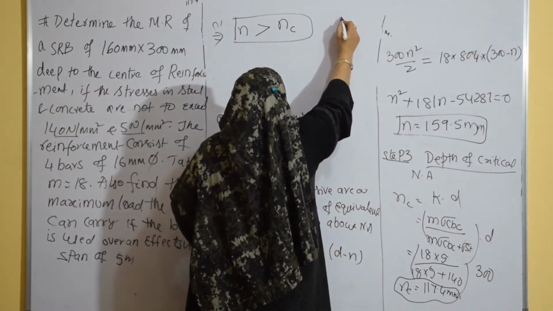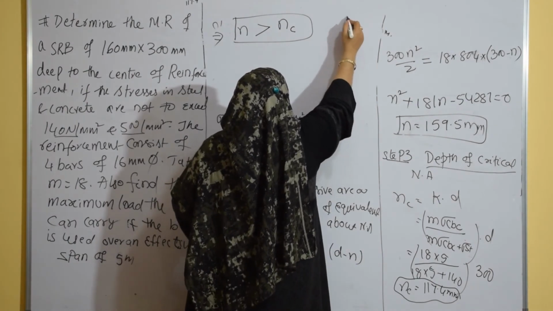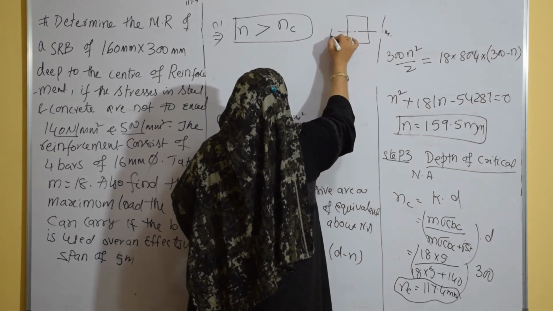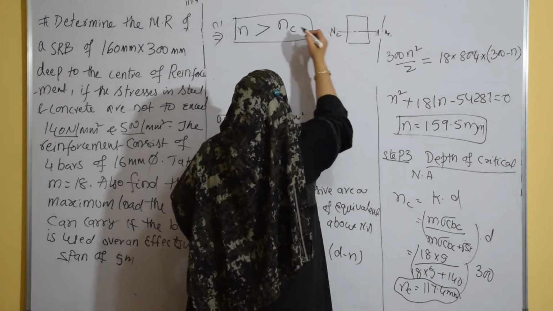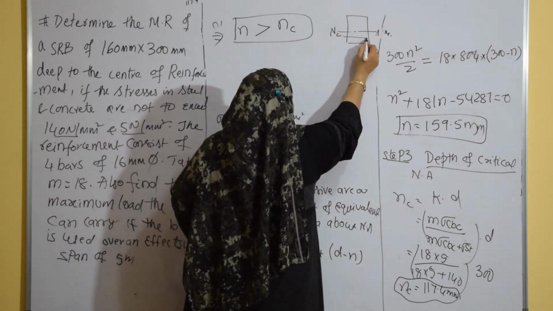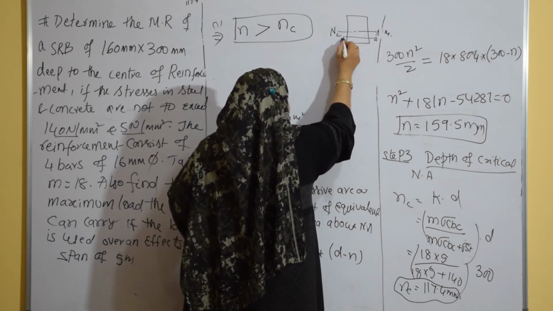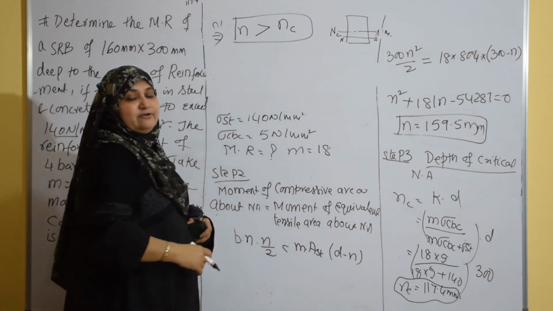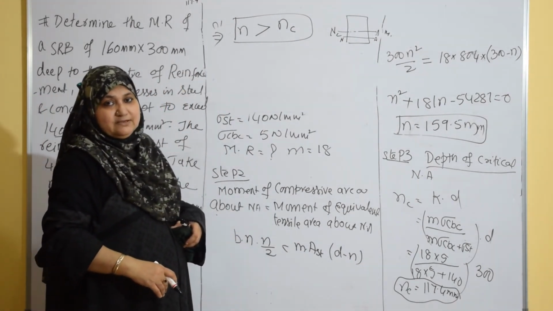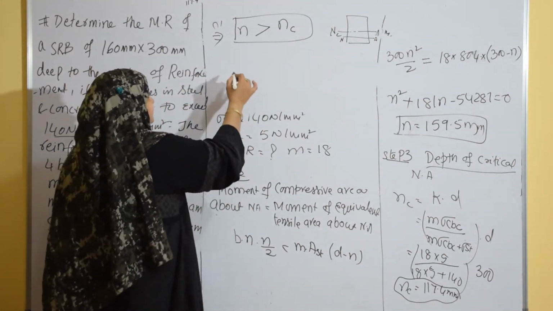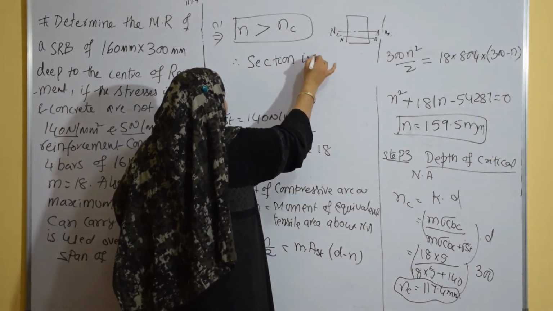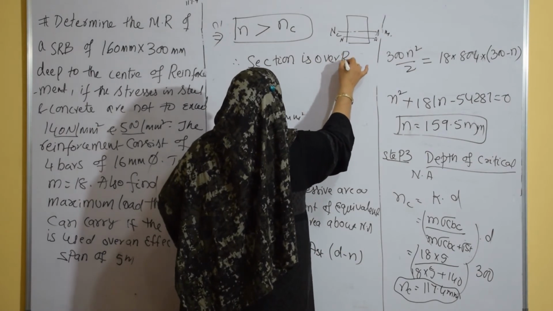If you draw a rough figure, with this as the critical neutral axis, the depth of neutral axis being more means our neutral axis is coming here, isn't it? So that means it is an over reinforced section. The section is over reinforced.